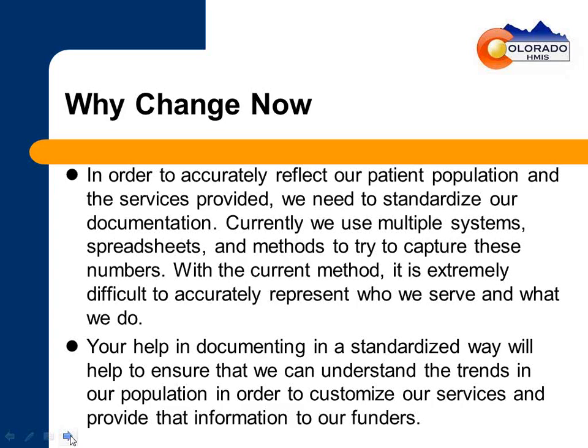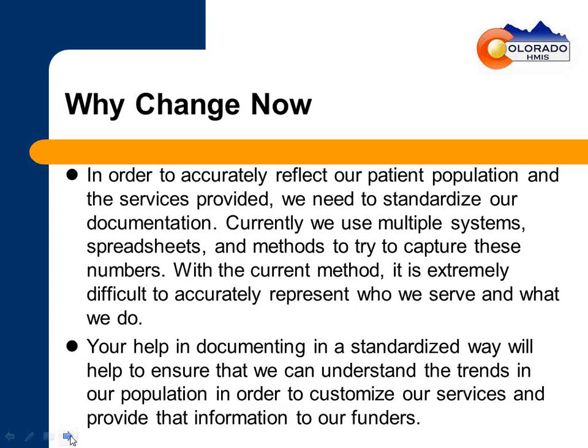So we have all these different systems and we use all these different methods to try to pull the numbers accurately, and it's really difficult to give an accurate count of the people that we're serving and the services that we're providing to them because of this widely varied data collection system that we're using.